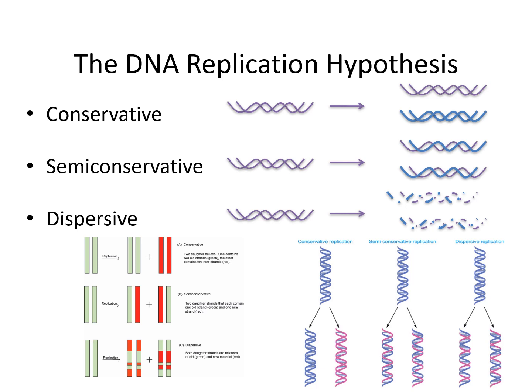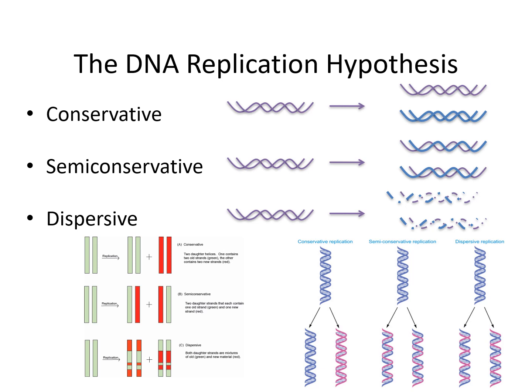That's the conservative. And then for the semi-conservative, after replication, both double-stranded DNA will have 1 copy of the parental strand and 1 copy of the daughter strand. It's a hybrid, so that's the semi-conservative replication.